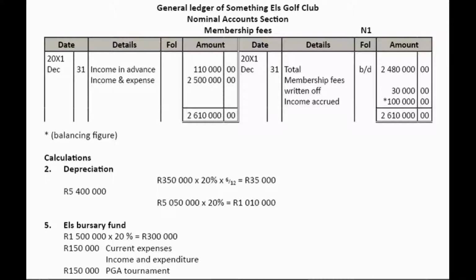Of these members, 3 had paid their membership fees, while the membership fees of 3 were written off as irrecoverable. So that is membership fees written off. 3 times 10,000 gives you 30,000 Rand. So your double entry is you make yourself a little T account, membership fees written off. You debit that account and you credit your membership fees account with 30,000.